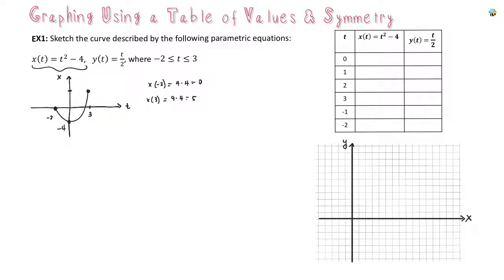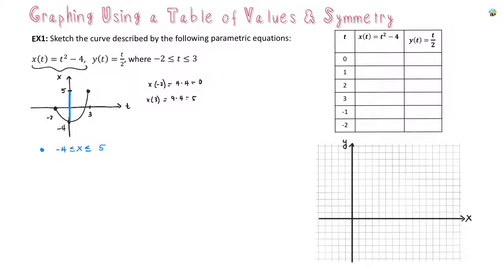When t is equal to 3, the output is 5. So then the x values of my parametric curve will go from -4 to 5. And I'm going to make a note of that. I already know that all of my x values are going to go from -4 all the way to 5. This is going to be observation number 1.